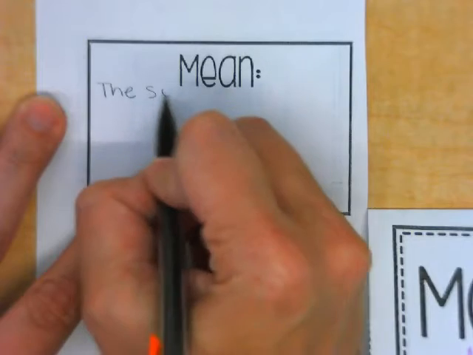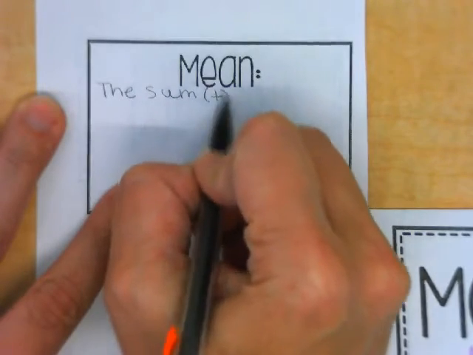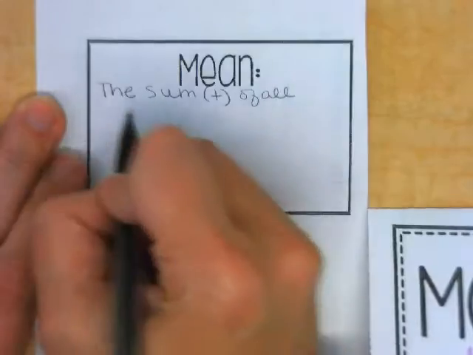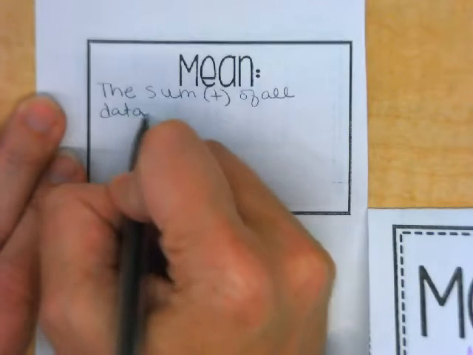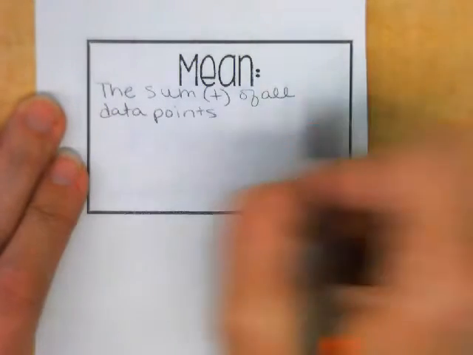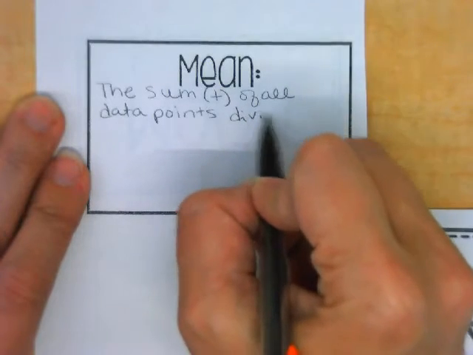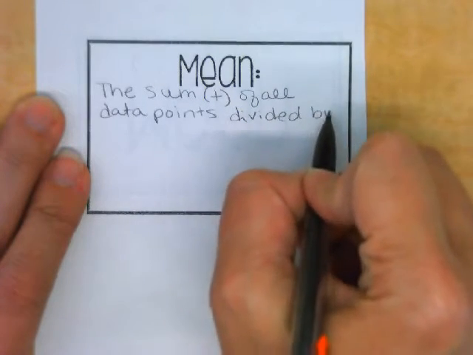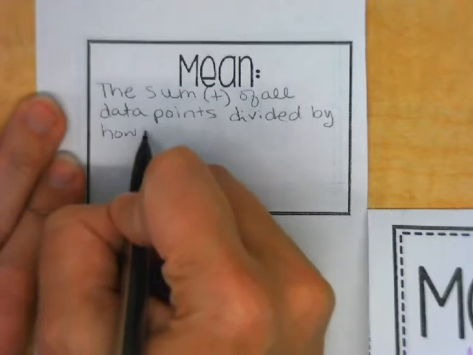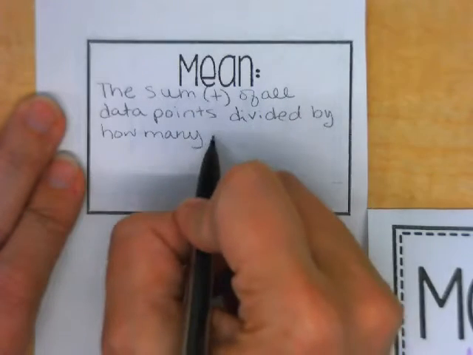The sum means we're going to add them, of all data points, divided by how many points there are.